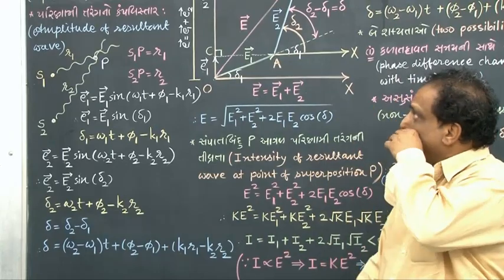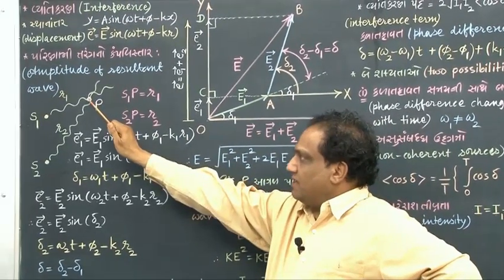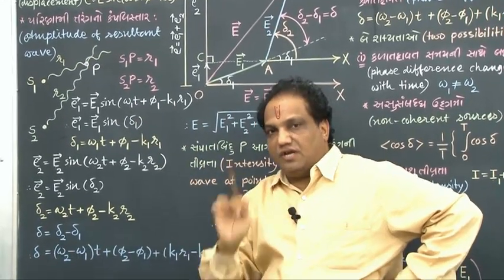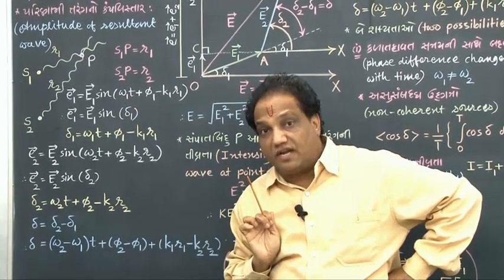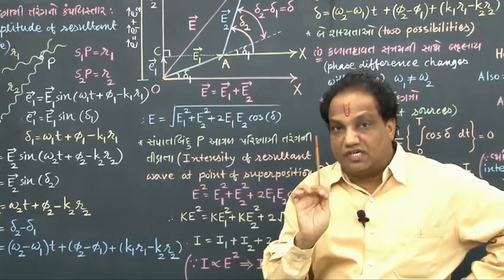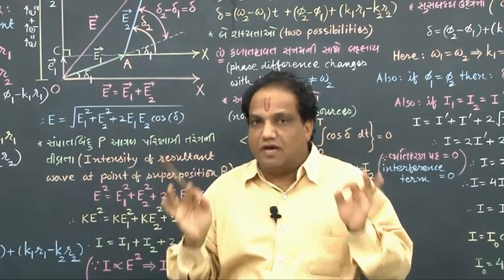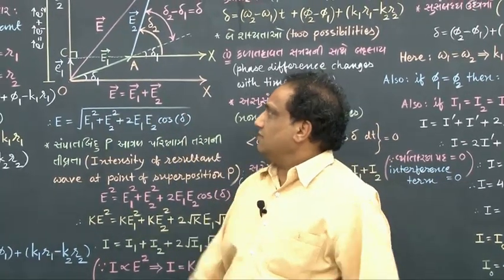Fine. Now, when two light waves superpose at point P, if we want resultant displacement of electric intensity vector, and if we want amplitude of resultant wave, how can we find it? Using phasor diagram. I am going to show you. Look here.